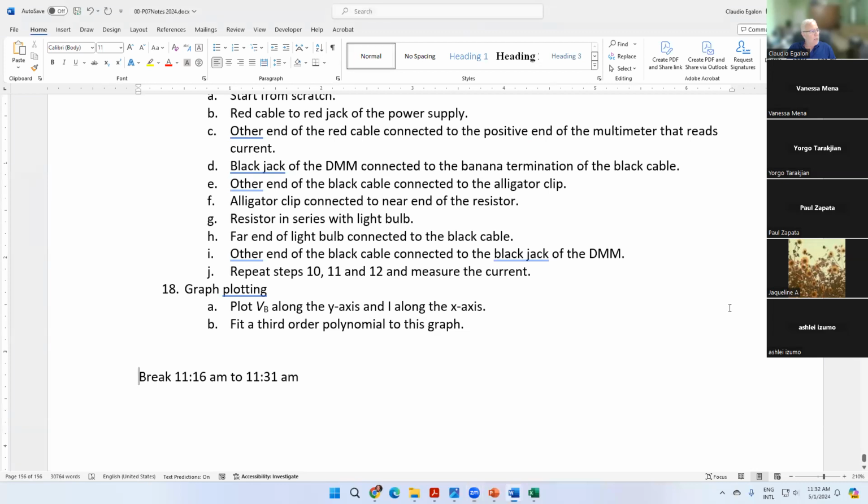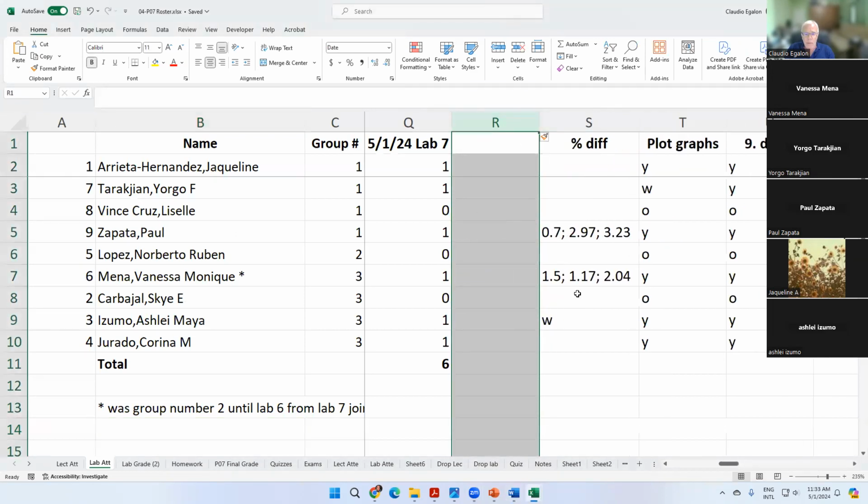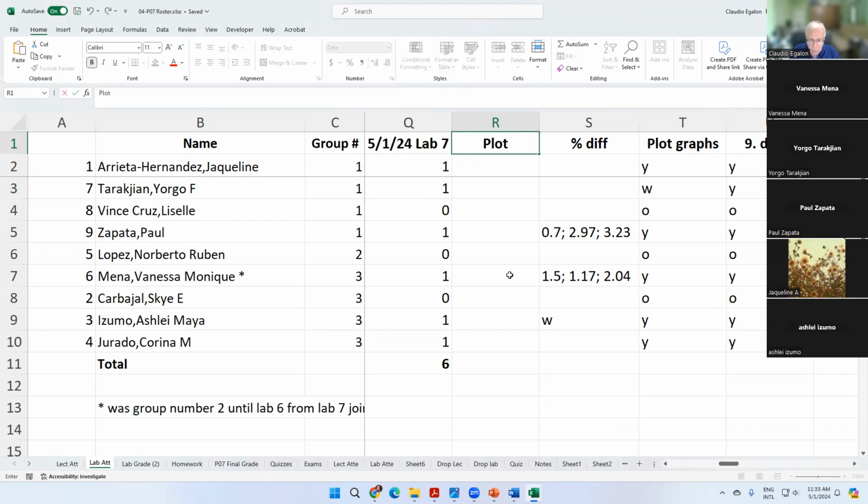Screen 2. Okay, so we are back here. Now let's see how everybody's doing. Lab 7. First thing I want to know is if you plotted the graph.